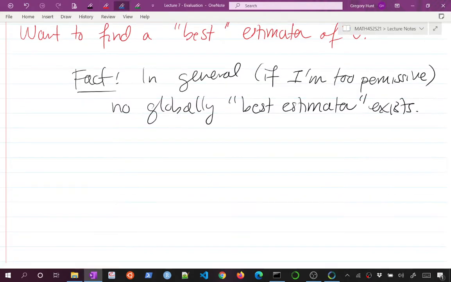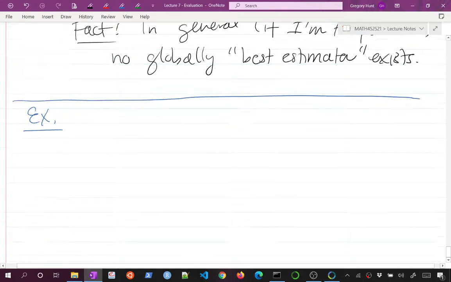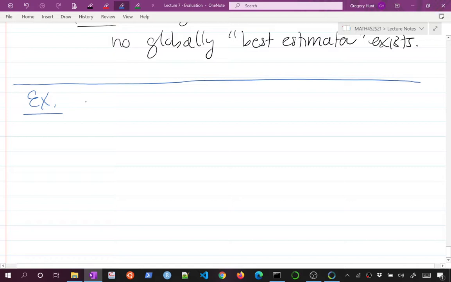Let's give an example. So it depends on what you define as the best estimator, but let's just look at an example.